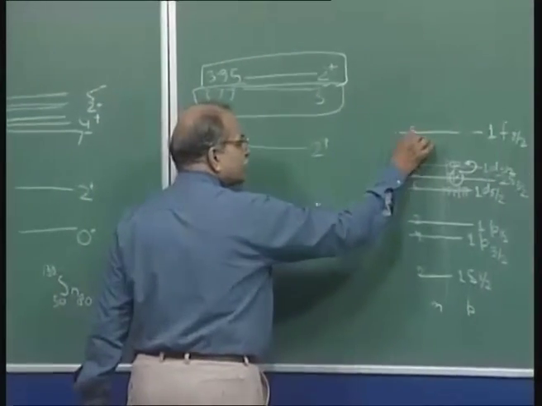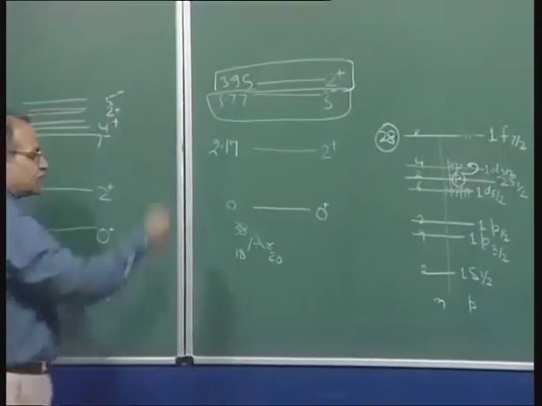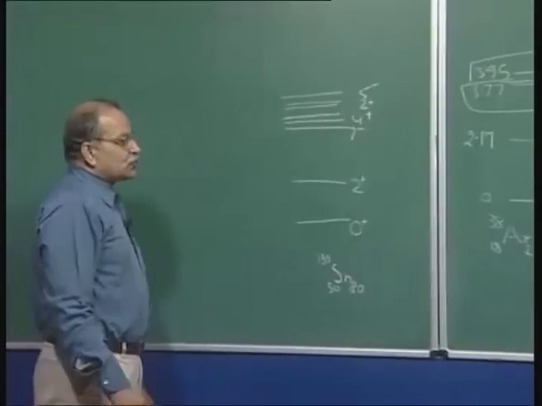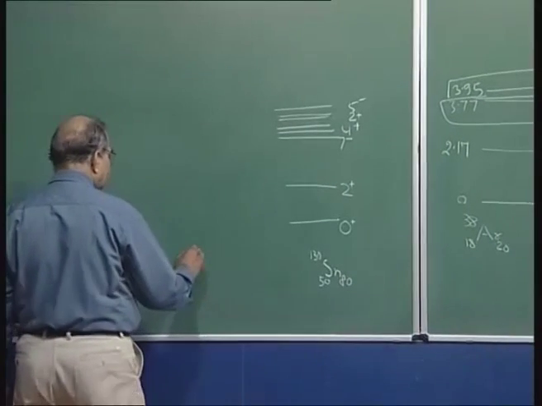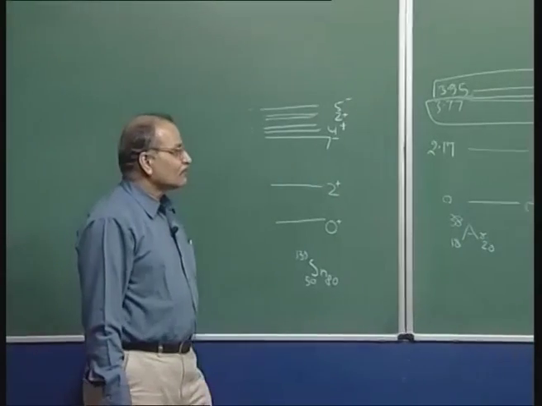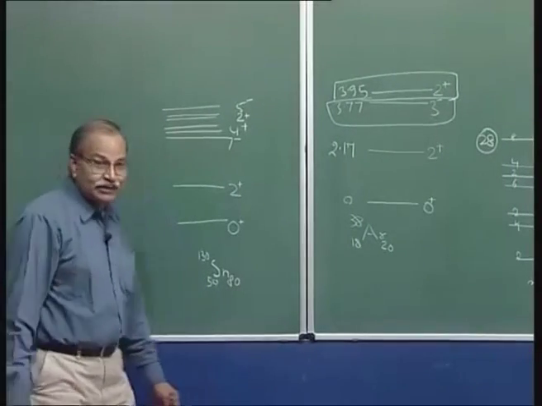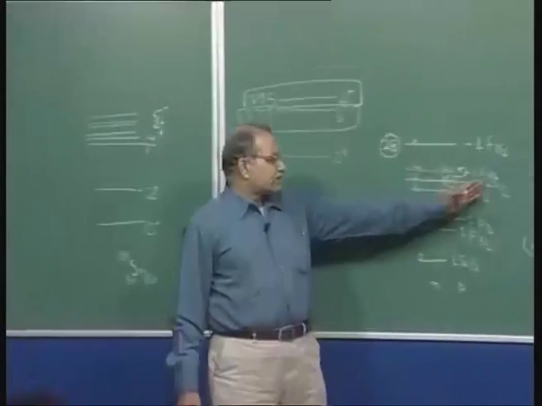Up to here it will be 28. After this 1f7 by 2. After that what it should be? 2p3 by 2. Yeah. That say this 2s is here.